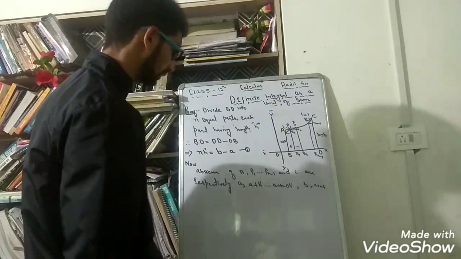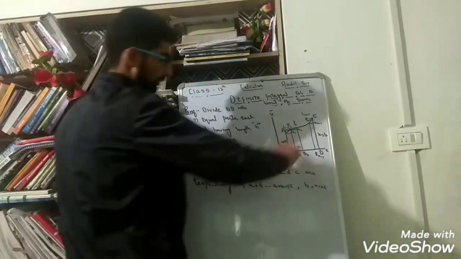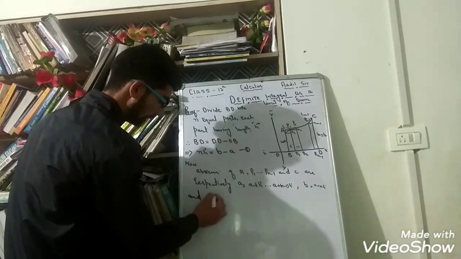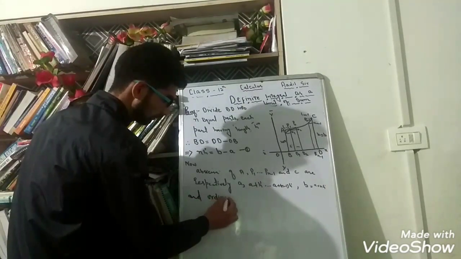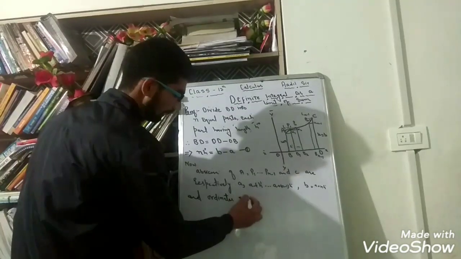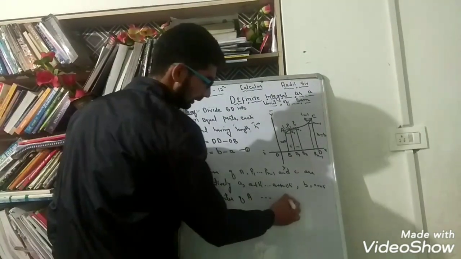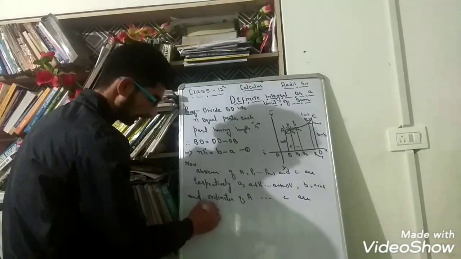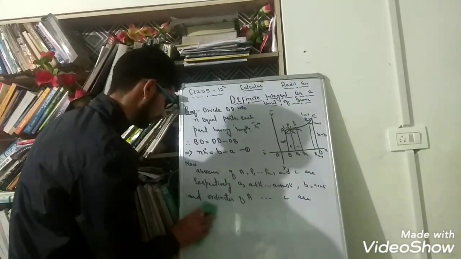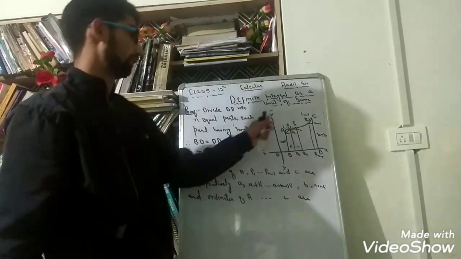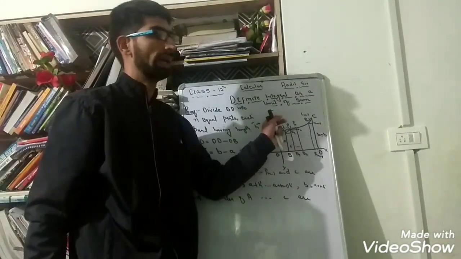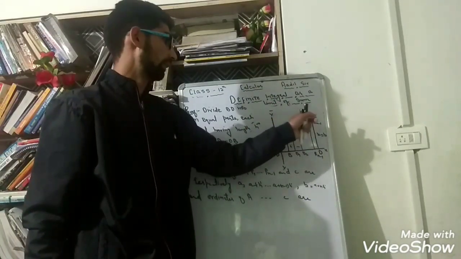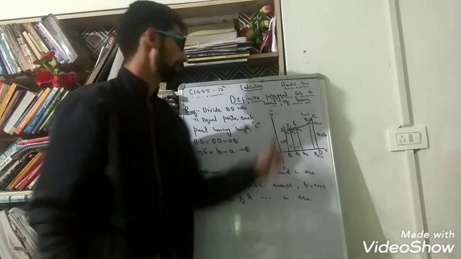These are my ordinates. Now these are my abscissa, and the ordinates of A, so on up to this C, are what? We know that ordinate denotes the point on this y-axis, and on this y-axis the points are the values of the function, that is f of x.